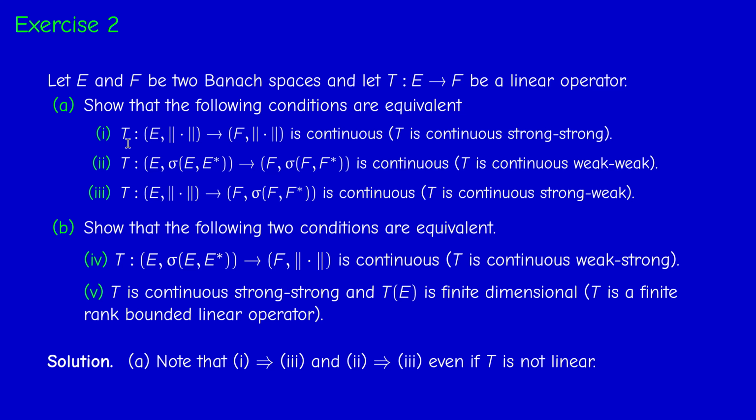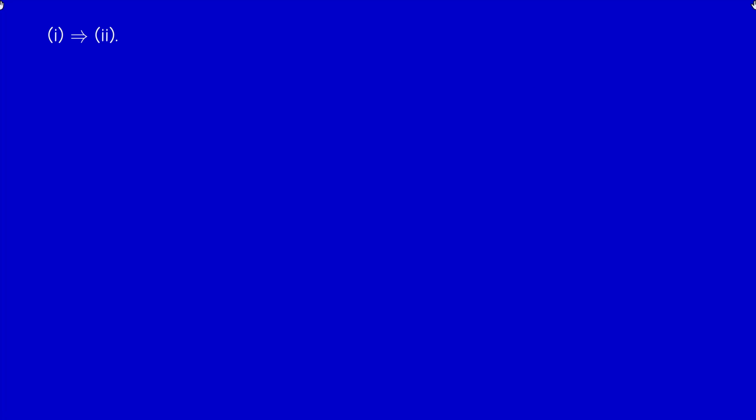So we'll do a circular proof. 1 implies 2, 2 implies 3, we did it. So we just have to prove that 1 implies 2 and 3 implies 1 in the first part. And in the second part, we just do a double implication. Okay, so 1 implies 2.